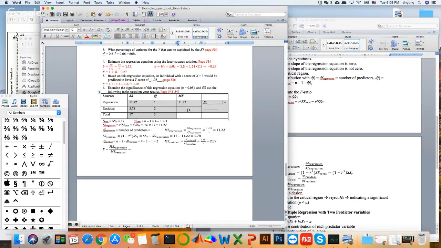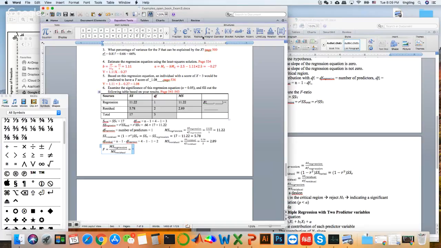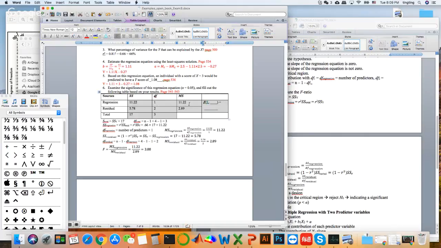Put it here. The F ratio, DF of the numerator 1, DF of the denominator 2, and the F value. So we finished this table.